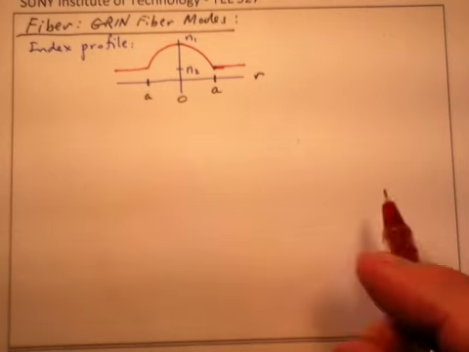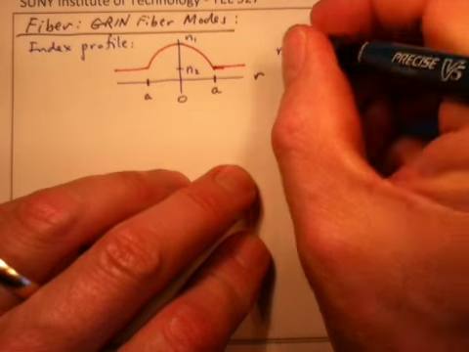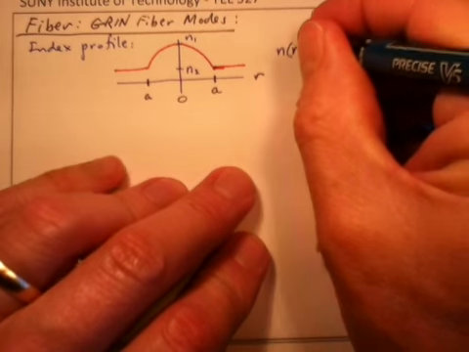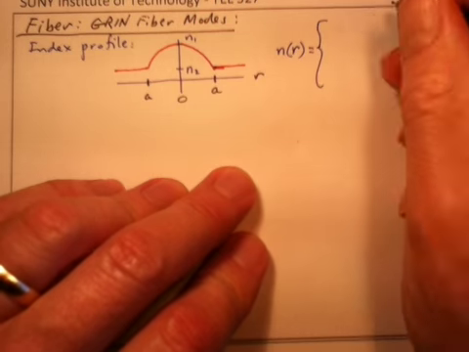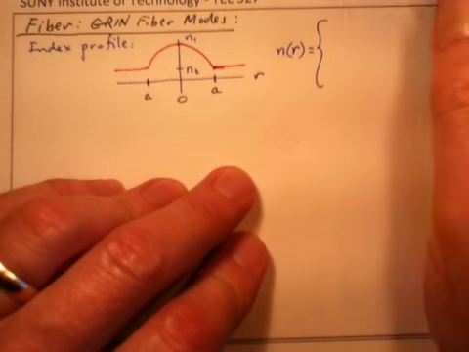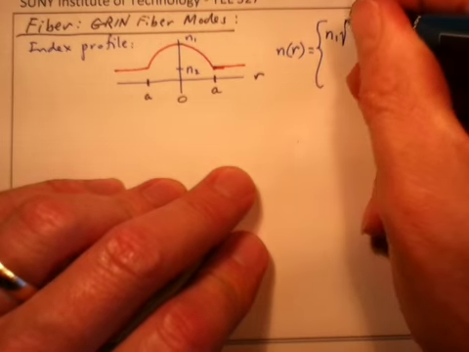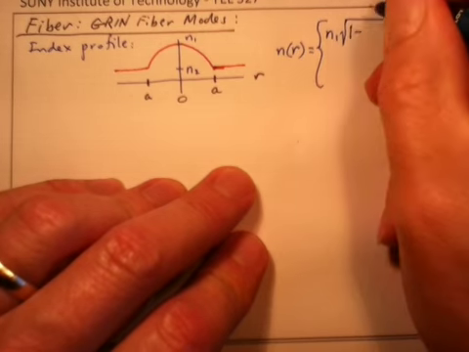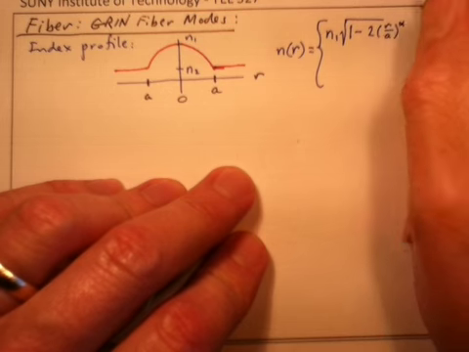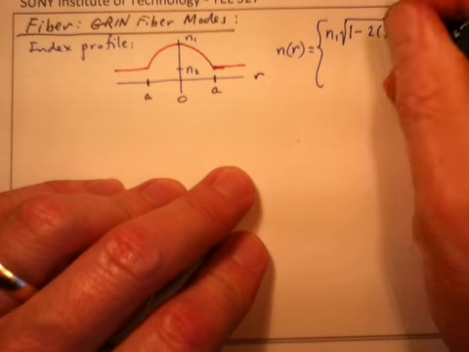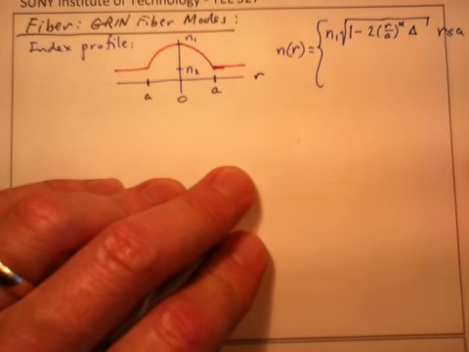And we can write an equation for this, n as a function of r, which looks like this. For r less than or equal to a, we'll have n1 times the square root of 1 minus 2 (r over a) to the alpha times delta. And this is for r less than or equal to a. Hope you can still read that. It looks like you can.